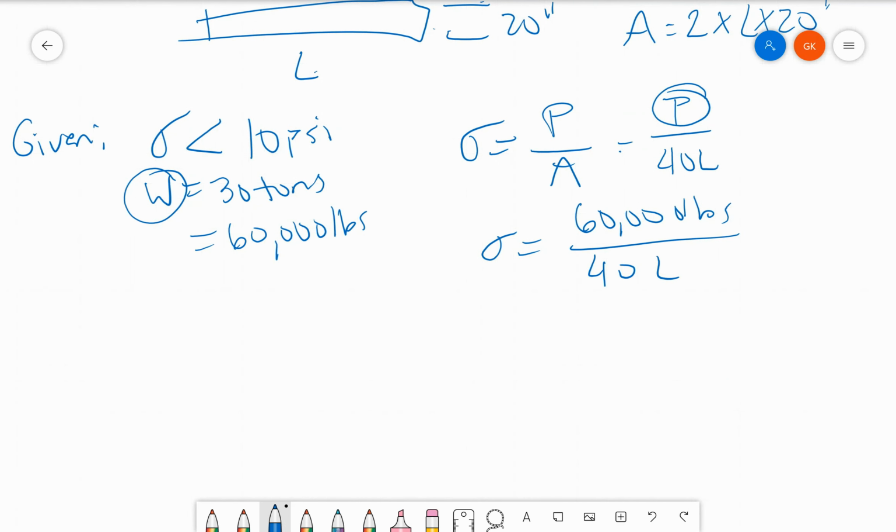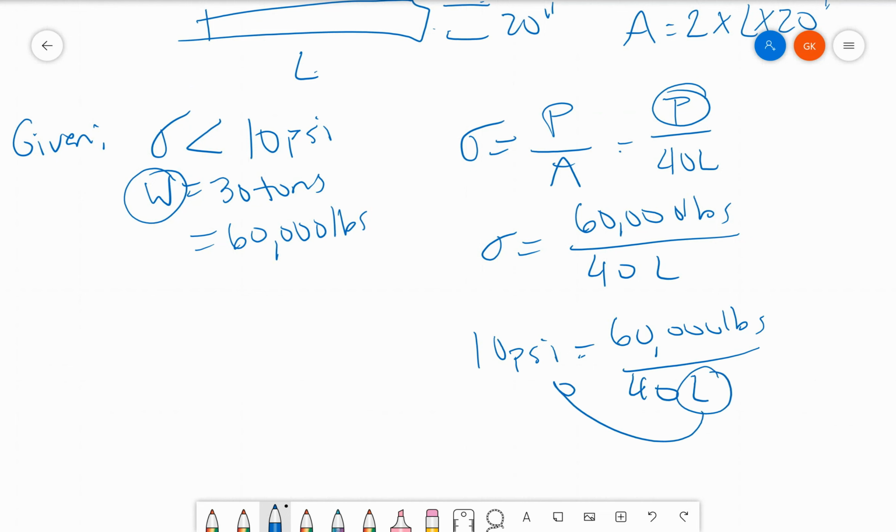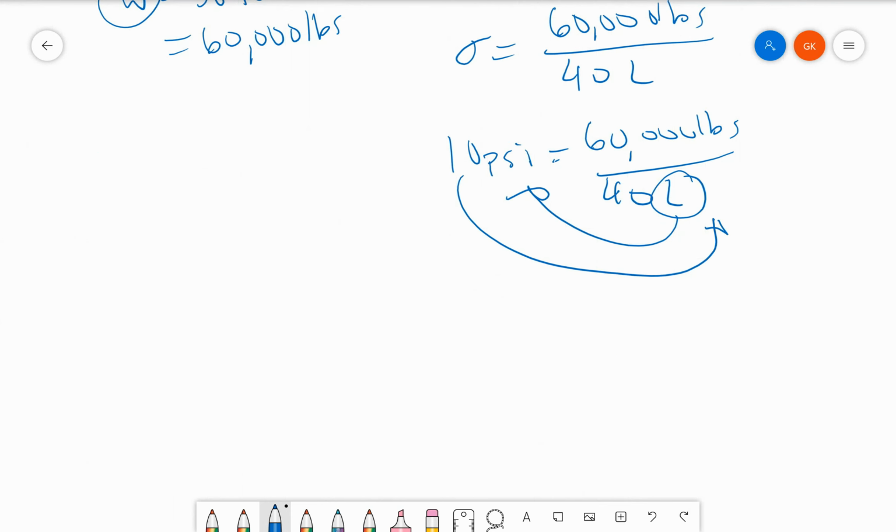And we know that our stress has to be less than 10 psi. So what we get is 10 psi is equal to 60,000 pounds over 40L. And then I need to solve for L. So I'm going to bring this over here and bring this down here. What I'm left with is that L is going to be equal to 60,000 pounds over 10 psi times 40 inches.